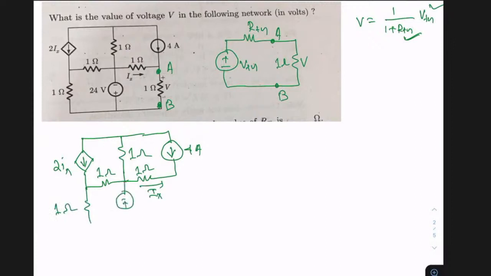This is minus, plus, 24 volts. And this is now open circuit. This particular voltage we'll be calling VTH. Anybody, what is the answer? Anybody solved it?